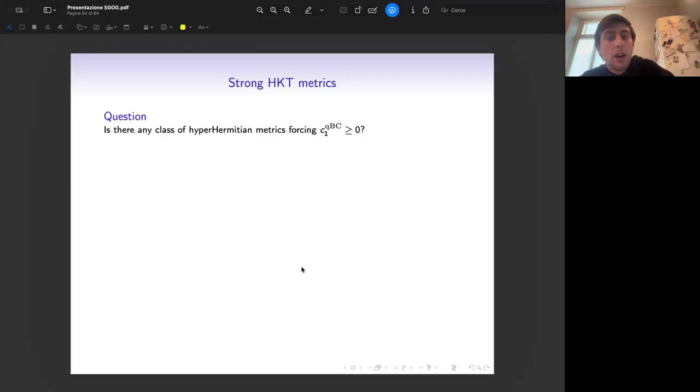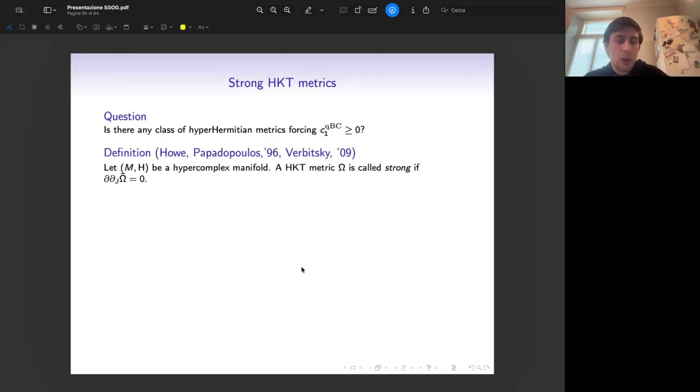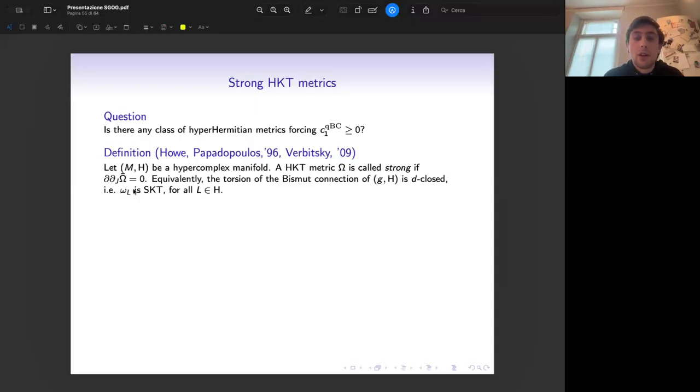And that's precisely the case for strong HKT metrics, which were introduced by Howe and Papadopoulos, and then the definition was reformulated by Verbitsky. We say that an HKT metric is strong if its conjugate is del-J closed. And that's the reformulation of the original definition, which was that the torsion of the Bismut connection of the hyper-Hermitian structure is closed.